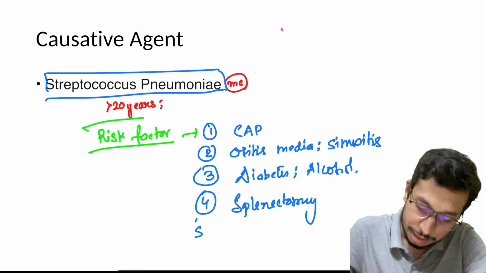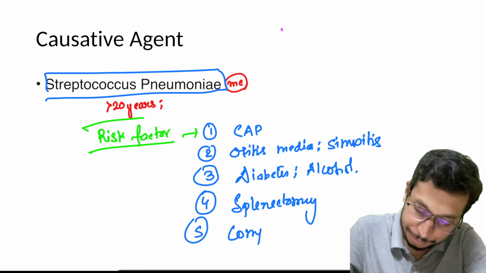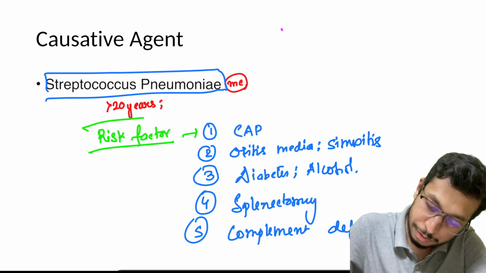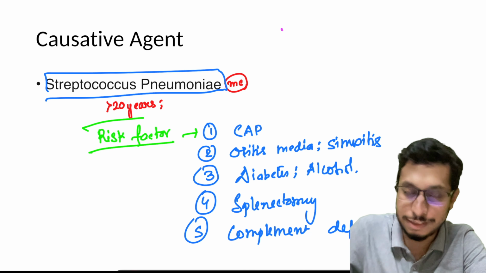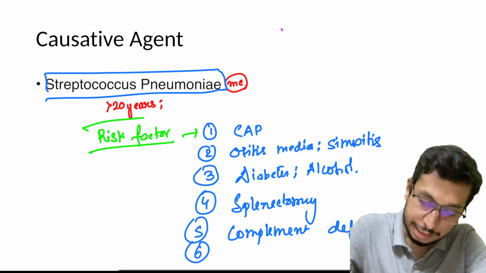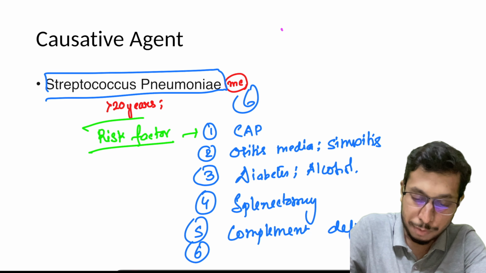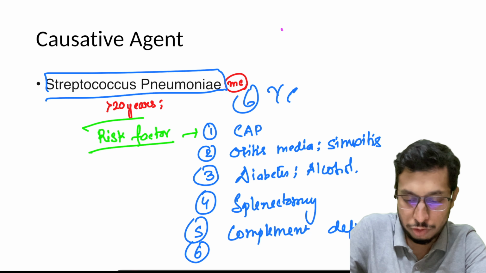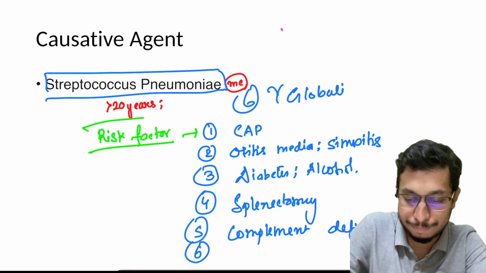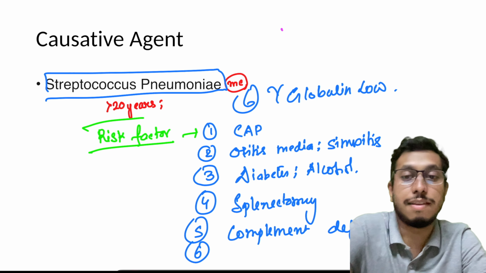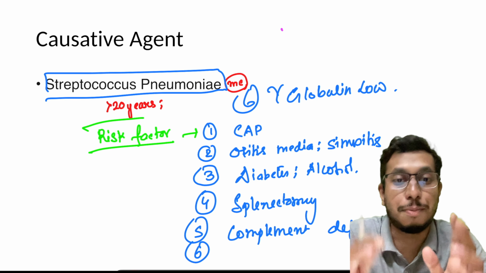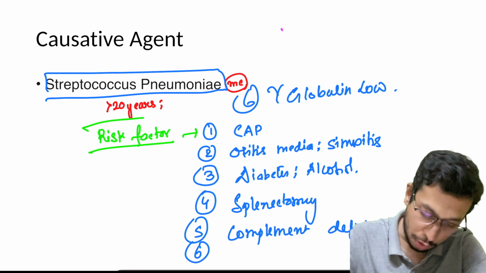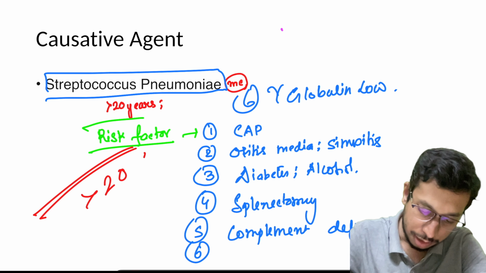Similarly, deficiency of complement will also increase the risk. Besides, a decrease in the level of gamma globulin, so hypogammaglobulinemia, low gamma globulin. Okay, so these are the risk factors which lead to Streptococcus pneumoniae associated meningitis, and remember, it has very high mortality. Mortality can be as high as more than 20%.